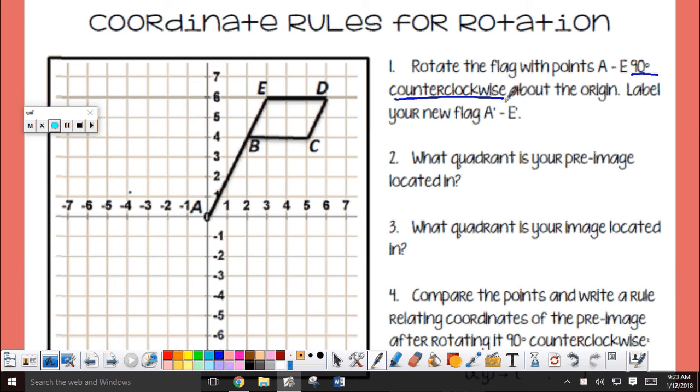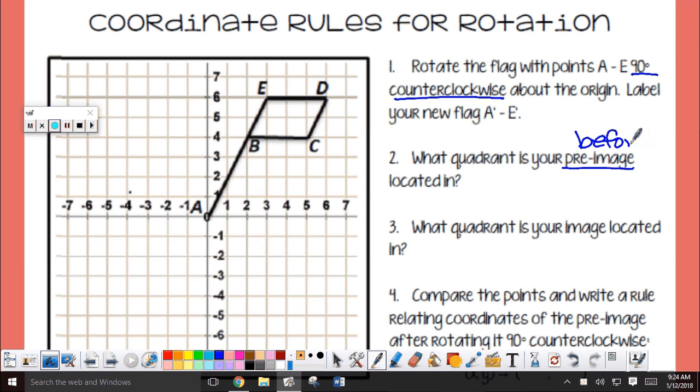I want you to think about pre-image versus image in terms of cake, because who doesn't love cake? So if I were to give you all the ingredients for a cake, and the pans, and I let you use my kitchen, so you have everything you need, those are the pre-image. The ingredients, all the supplies you need, everything like that is the pre-image. So your pre-image is your before.